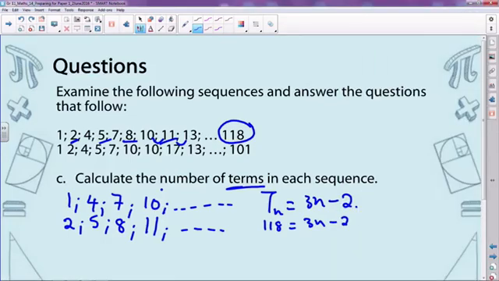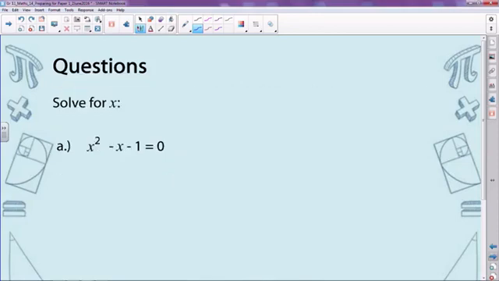So there will be 40 terms for that sequence. And then you can do the same: work out your general term, your Tn first, and then see if that one falls in. If you were to do all of them, you'll be able to say that there are going to be 40 terms there.